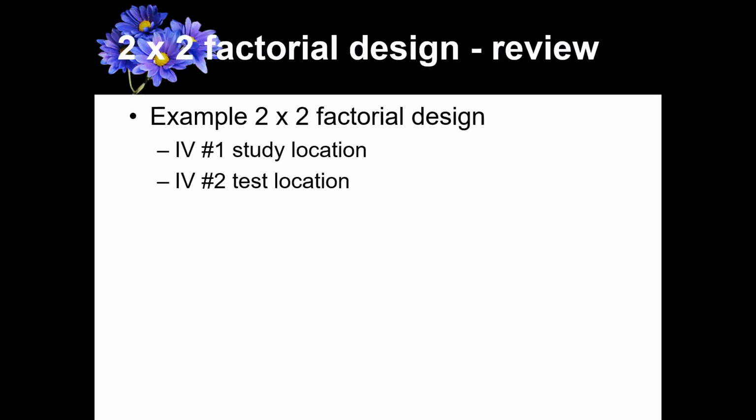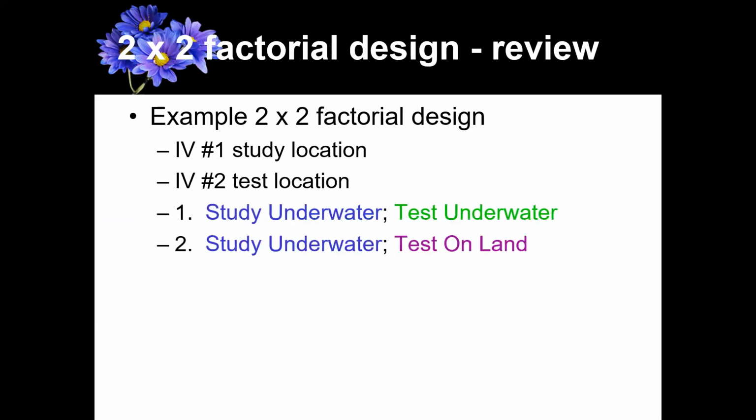So just again, a reminder, if I had this 2x2 design of study location and test location, both being independent variables, remember 2x2 means I have two conditions of this independent variable, and I also have two independent variables, this number and this number. Okay.